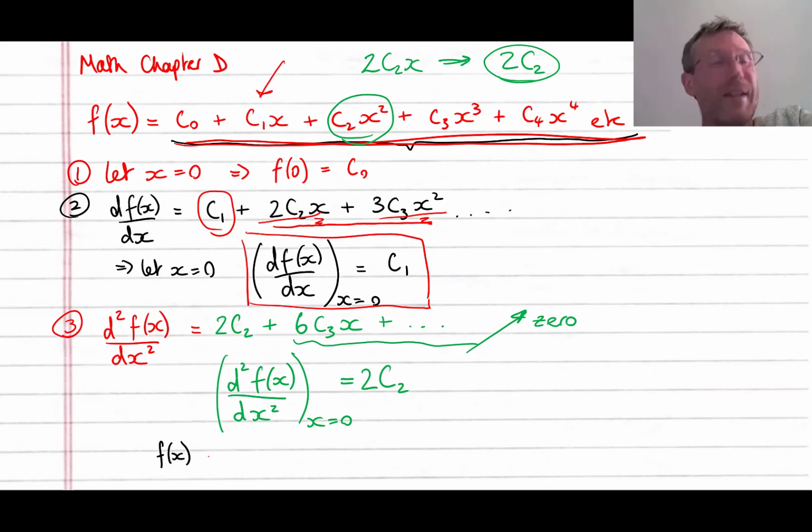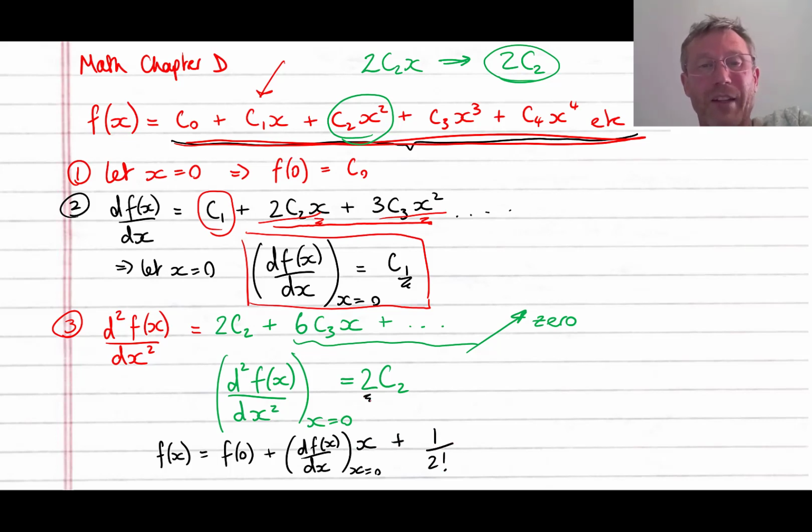F of x equals f of naught plus df of x by dx at x equals 0. That is the coefficient, this C1 coefficient, multiplied by x, plus 1 over 2 factorial. We get the 2 factorial because of the sequential derivative taking.